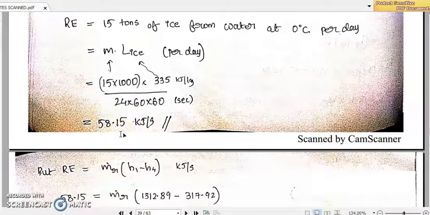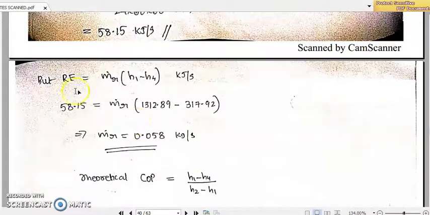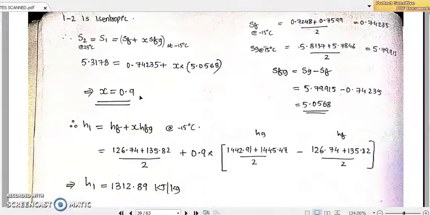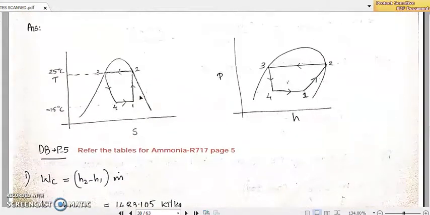Okay, but how can we relate this refrigeration effect with the mass flow rate of the refrigerant? That is very easy. We have already drawn the temperature entropy diagram and pressure enthalpy diagram. When we look at this pressure enthalpy diagram, 4 to 1 was our refrigeration step, or the refrigeration effect is happening during 4 to 1.